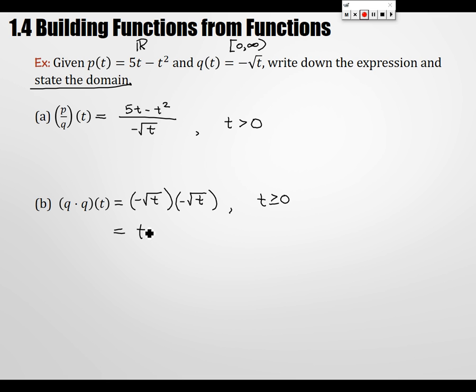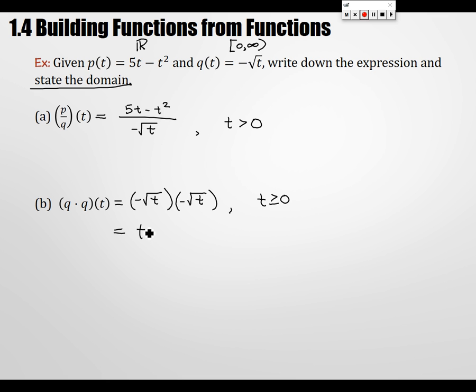I think you're right, but talk to that person for a second, the person who might say, isn't the domain all reals? I got t. Because if you plug in, say, negative 2, then it's imaginary, so you get rid of it.